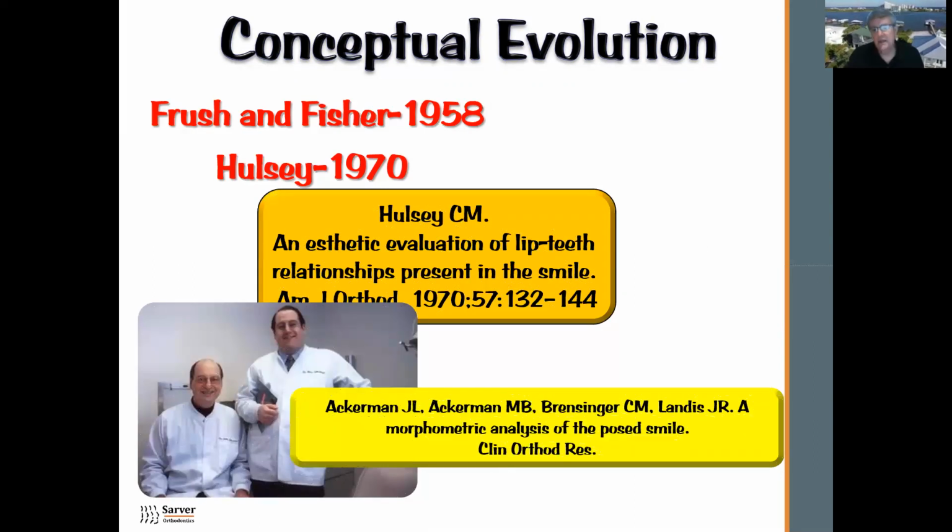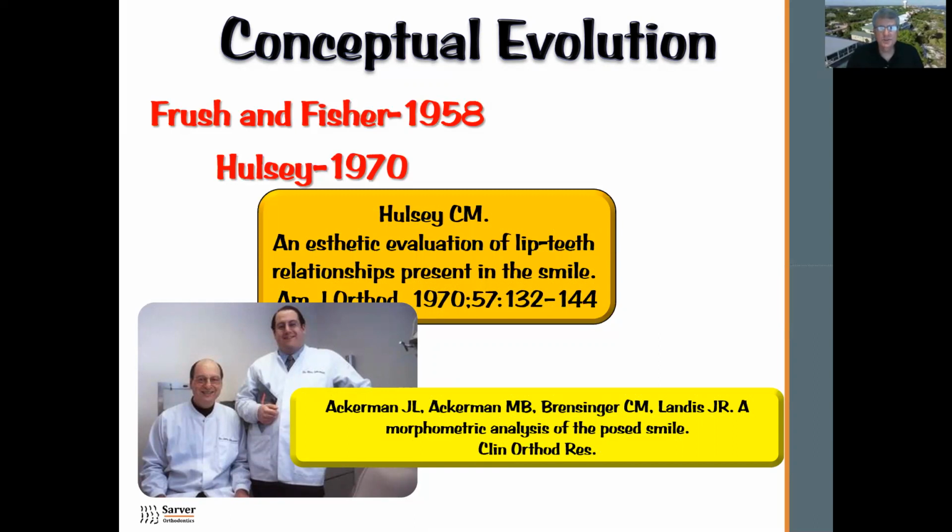I will. Next, Jim and Mark Ackerman, father and son, published in 1998 in the Clinical Orthodontic Research journal a morphometric analysis of the posed smile, where they talked about the smile arc and a more quantifiable analysis of that.